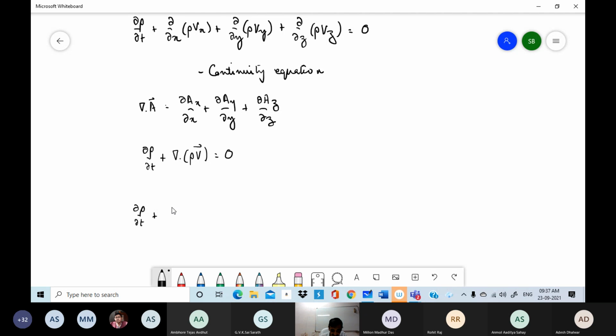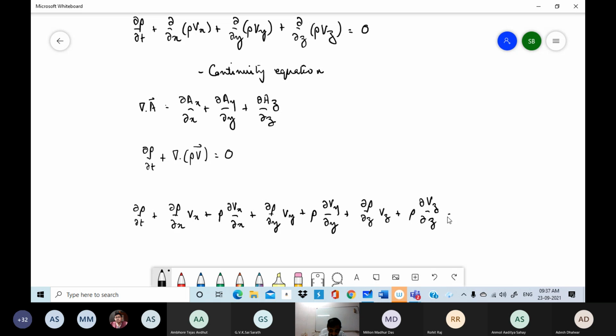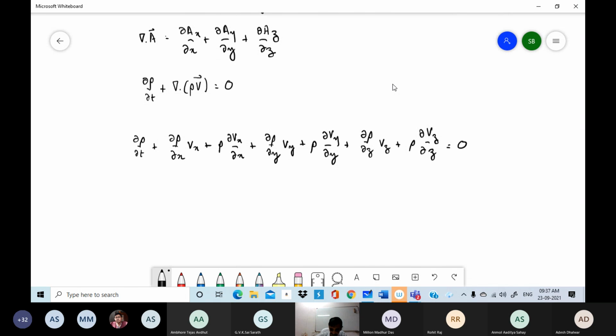If I expand out the derivatives, it is this derivative into this, which I can write, rearranging, as Vx del rho by del x.